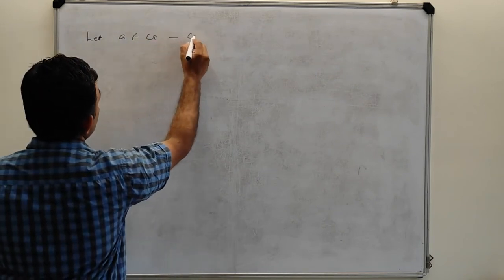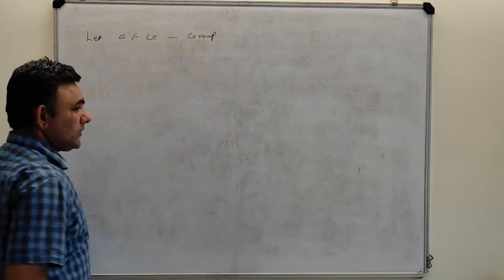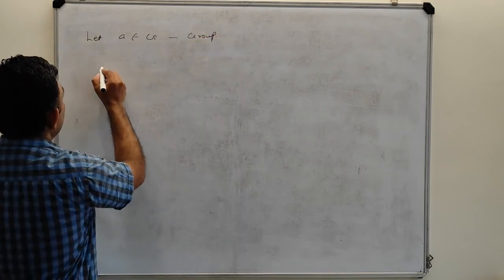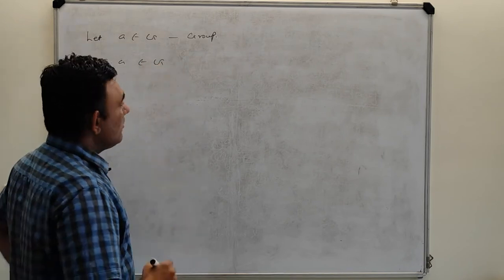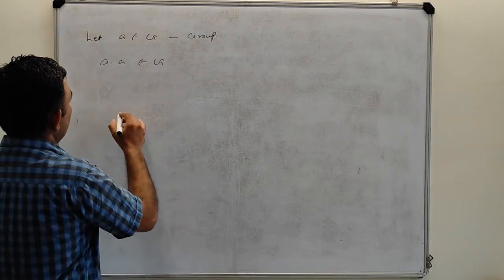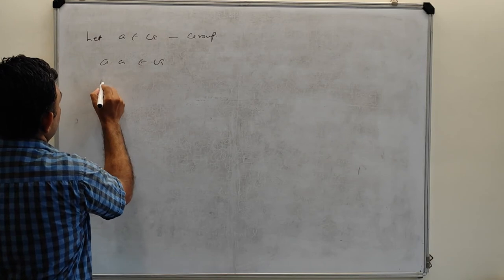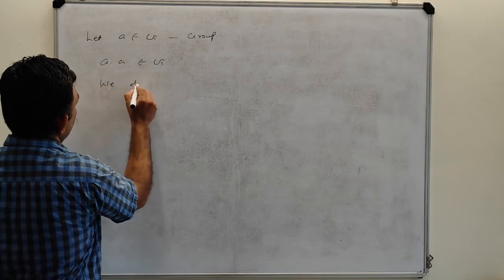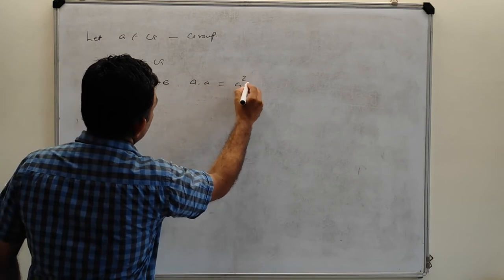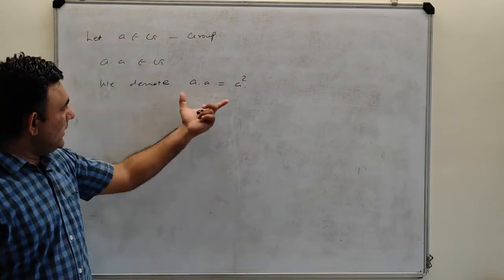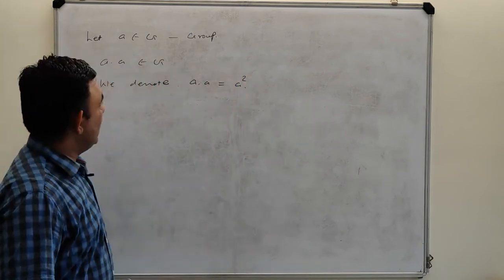Then a dot a will again be an element of G, but we denote a dot a as a square. We write a dot a is equal to a square.